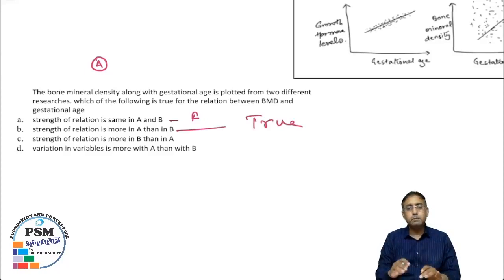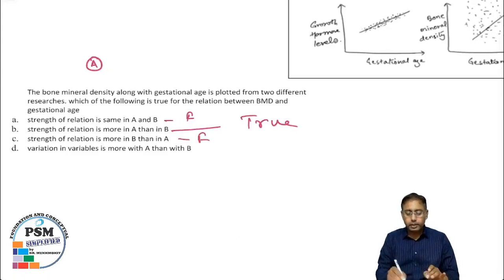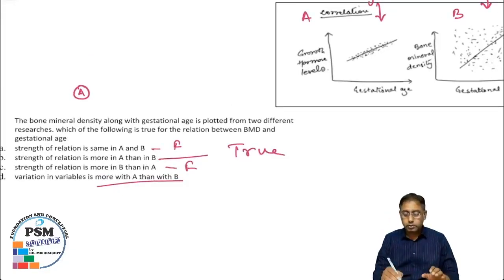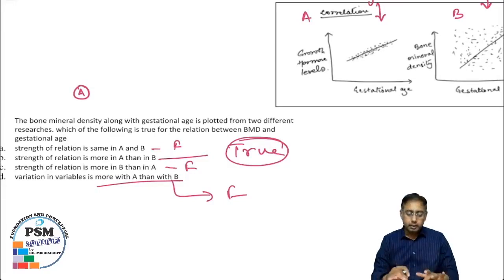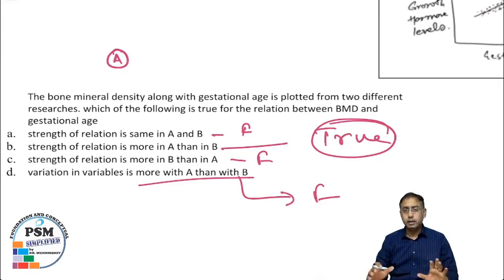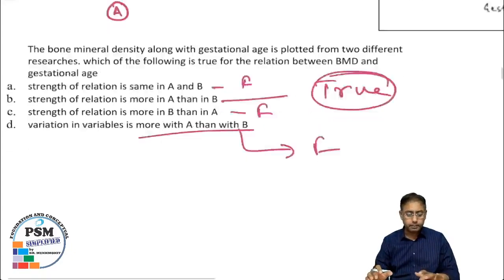Strength of relation is more in B. Of course, this is false. Variation in variables. Yes, there is a variation in variables. More with A? No, it was less with A. So this also is false. So the best answer, the true answer, would be that the strength of relation is more in A as compared to the correlation B.